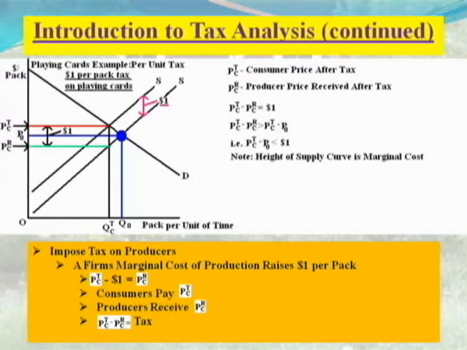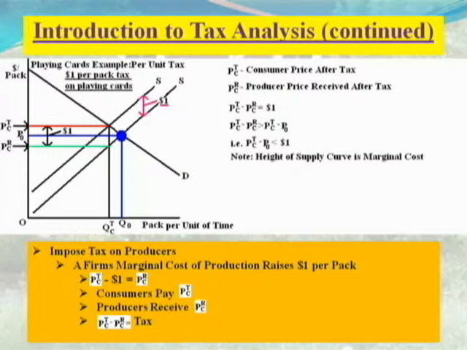Continuing, below is an example where the tax is assessed on the producer of playing cards. Note there's a shift in supply. Remember from the previous slide where P sub 0 and Q sub 0 are the initial equilibrium price and quantity without the tax.